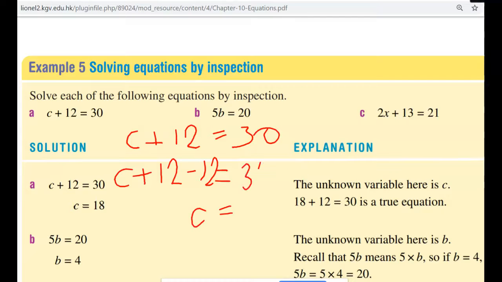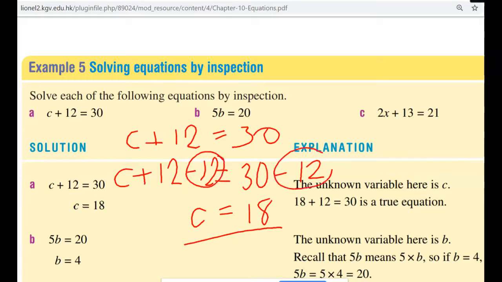And if I take 12 off of this side, it leaves me with 18. So that's inverse operations, and that's when we do the same thing on both sides of our equation. We think of the equal sign as the middle, and when it starts, we call it a balanced equation because it's true, and to keep it balanced, we always have to do the same thing on both sides.